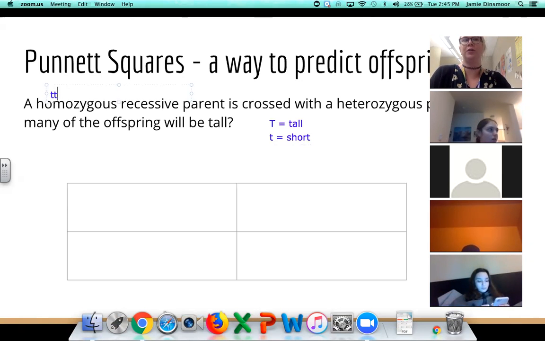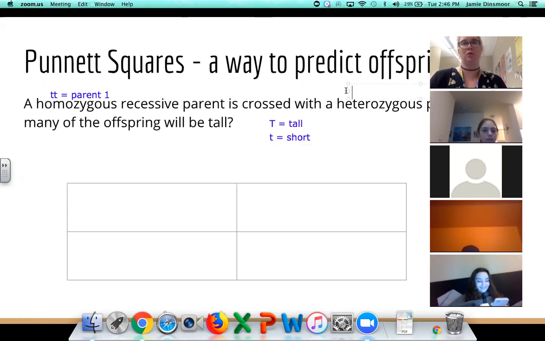We're going to have 2 little t's is what that means. So that's our parent 1. 2 little t's. And again, why would parent 1 have 2 alleles? One from mom, 1 from dad, right?